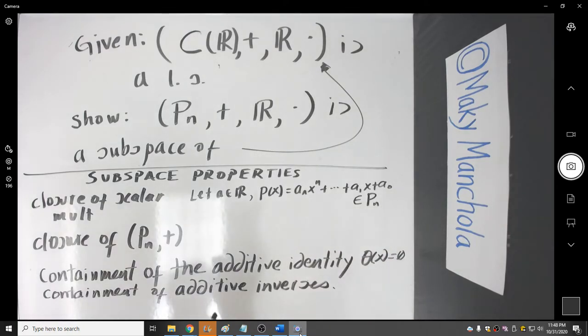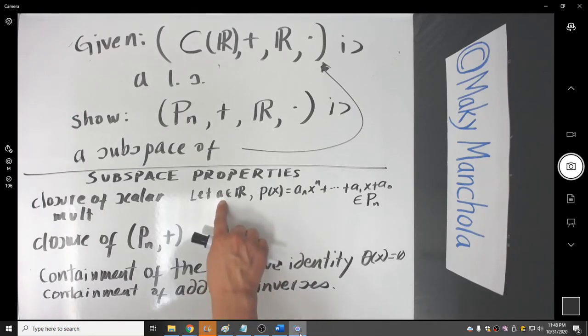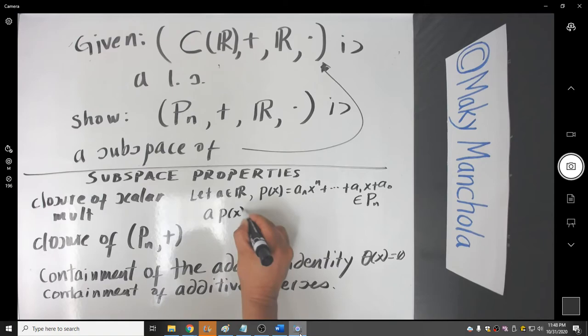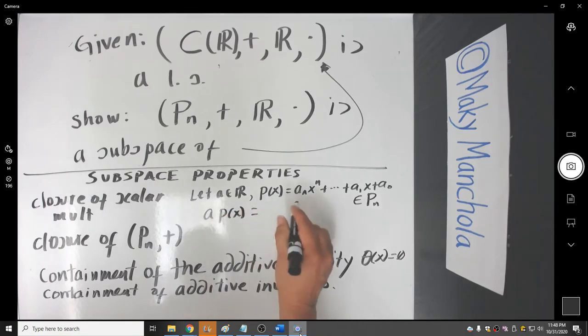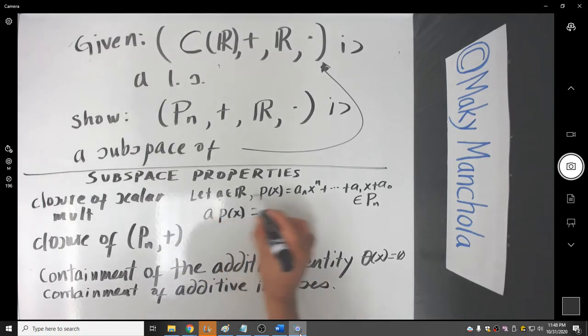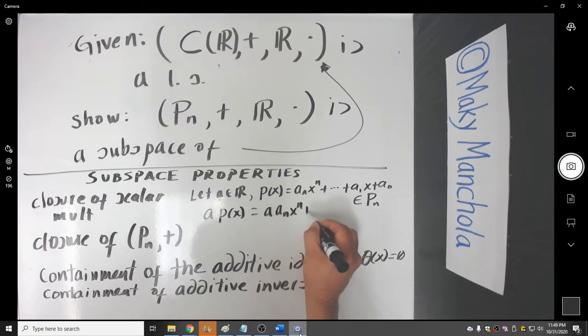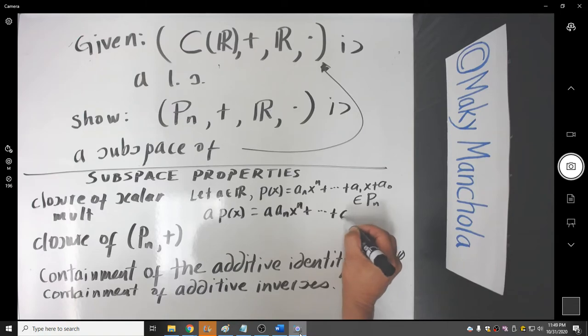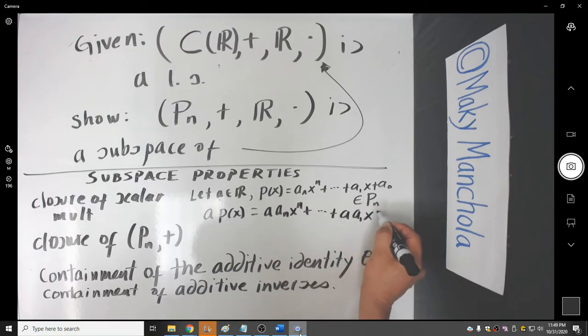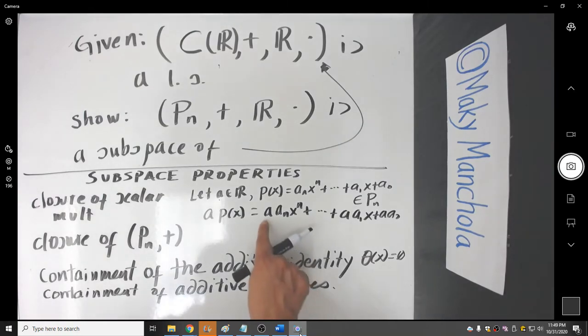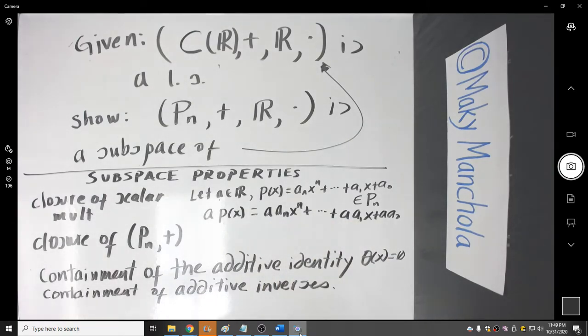Now, what's the scalar product of A and the polynomial? Well, it's the usual one. A P of x, you distribute, you get the constant A times a_n x^n plus ... plus the constant A times a_1 x plus the constant A times a_0. Observe that that's still a polynomial of degree n or possibly less.